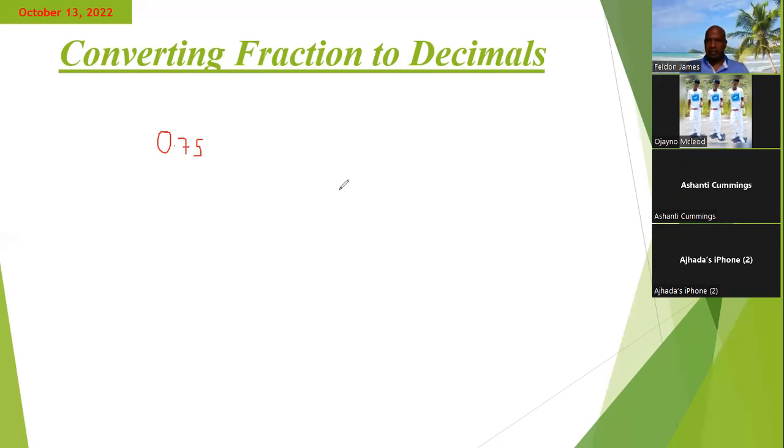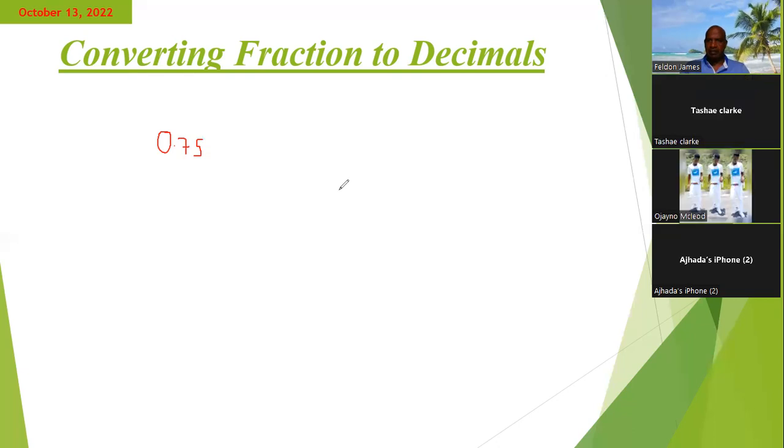Okay, sir. The 0.75. So if you look at after the point, the 7 is in the tenths place, the 5 is in the hundredths place. So you look at the one that is furthest out from the decimal, so it's going to be 75 over 100, and then you simplify that.